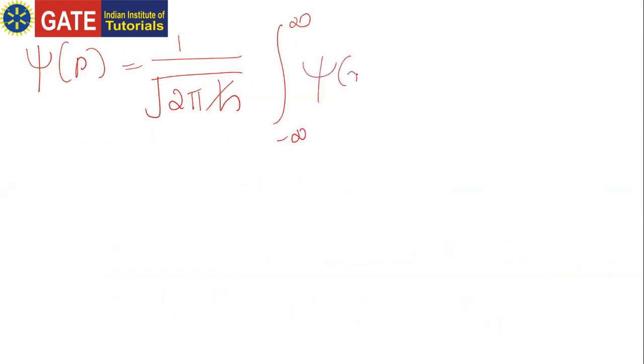Psi of p is equal to 1 by under root 2 pi h cross, integral minus infinity to plus infinity, psi of x e power I kx dx.